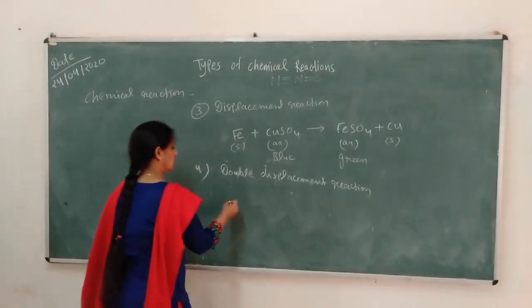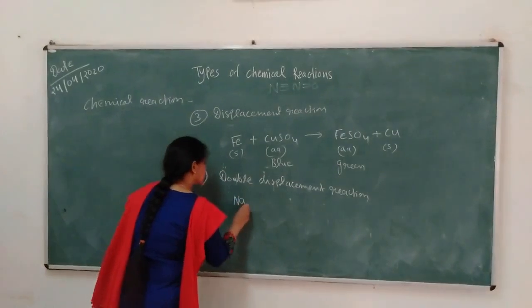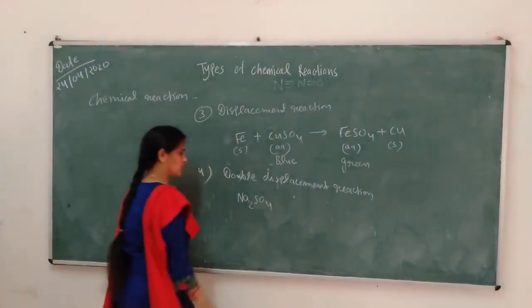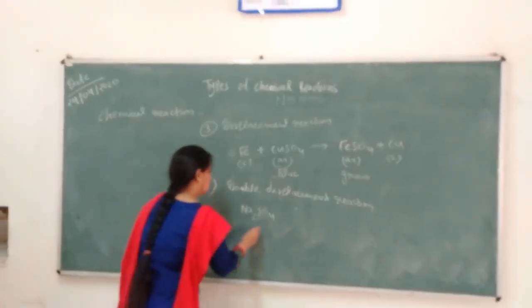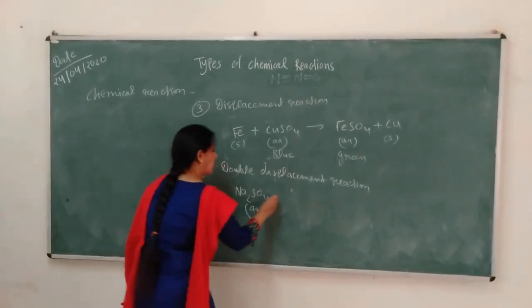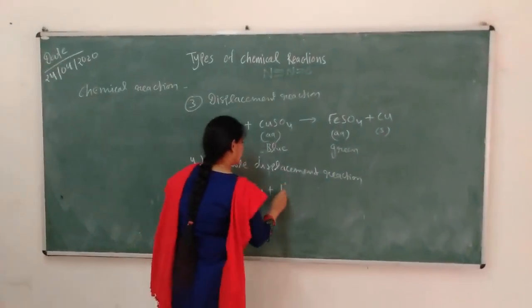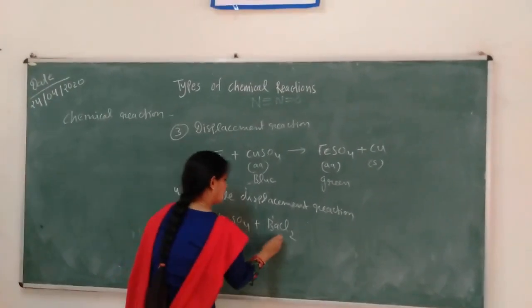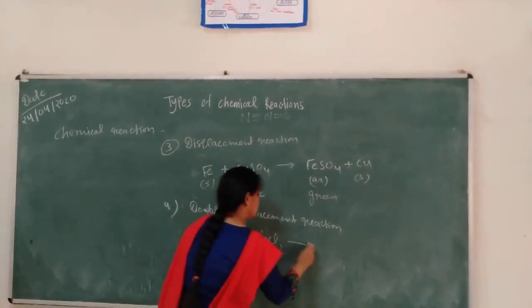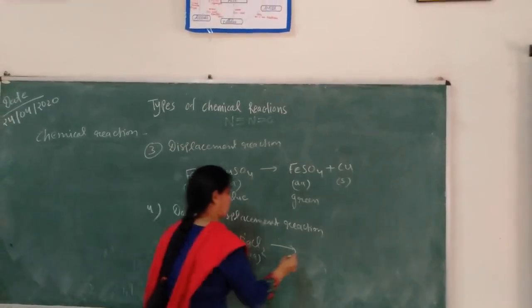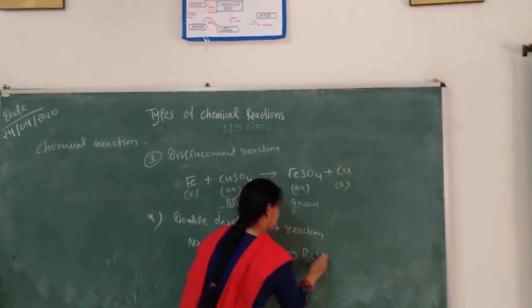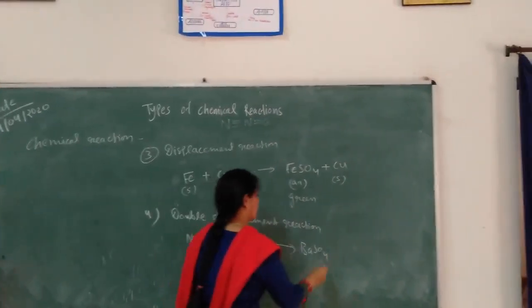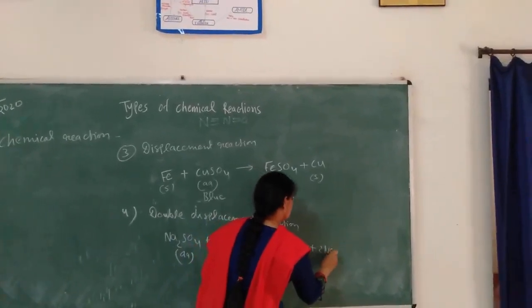For example, sodium sulfate, that is Na2SO4, reacts with barium chloride, that is BaCl2, and changes into barium sulfate and sodium chloride.